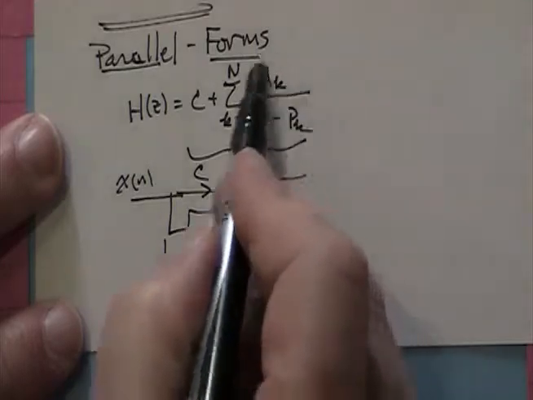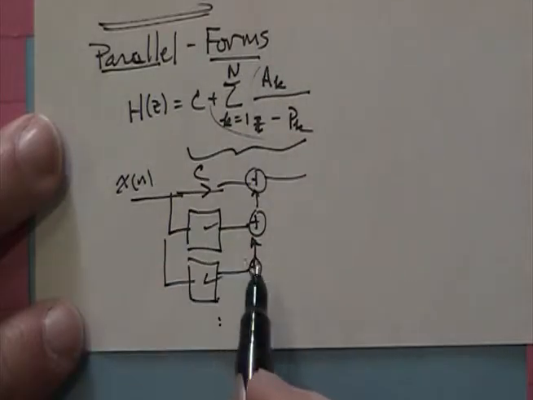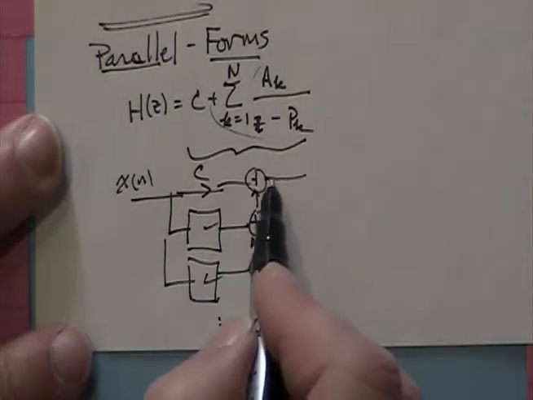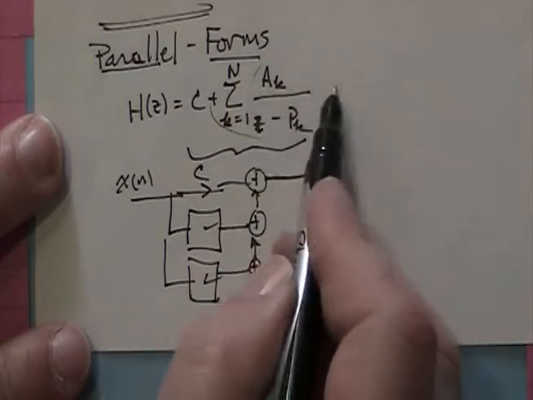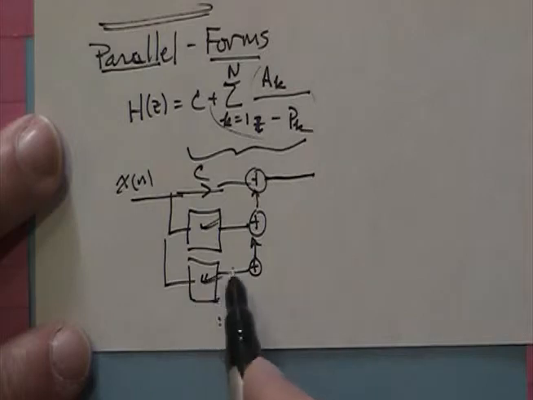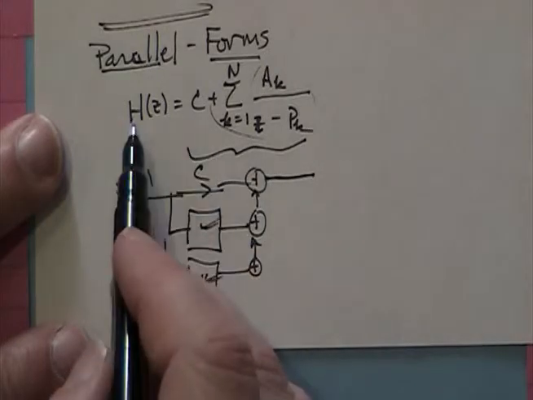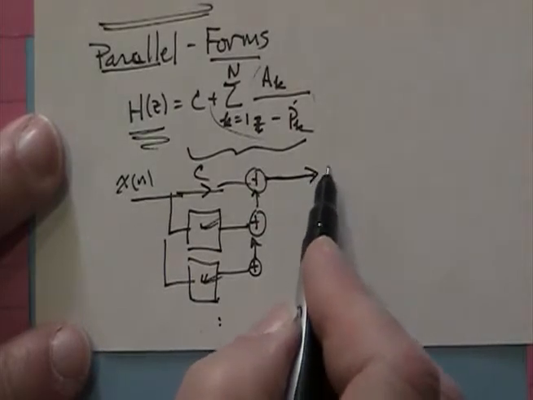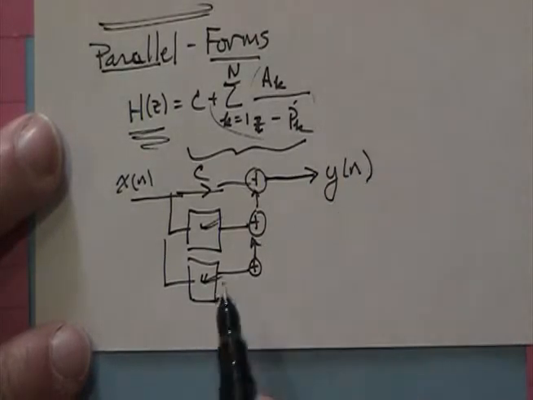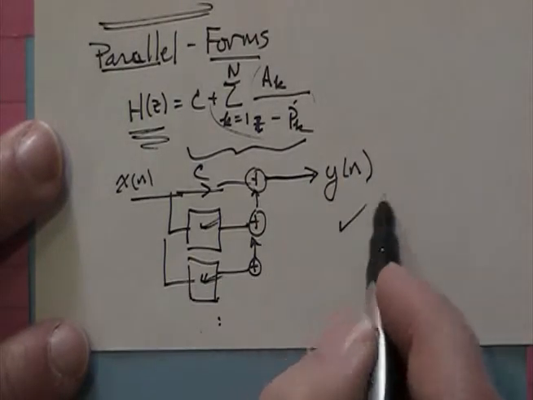So I put each of these guys in one of these filter stages. If I want real coefficients, I'm going to take whatever one I have in here and combine it with its conjugate to put a second order filter down in this parallel implementation. But my overall transfer function is the sum of the outputs of all of those filters, right? So simple idea, works well.